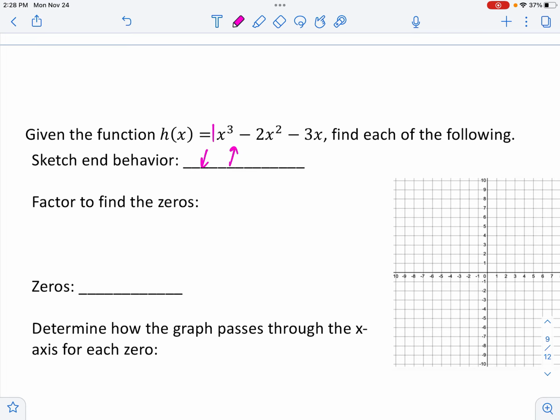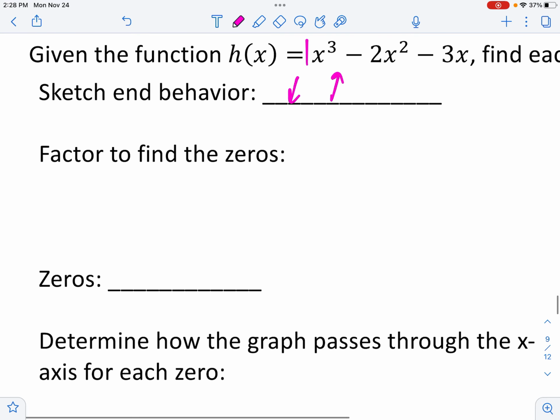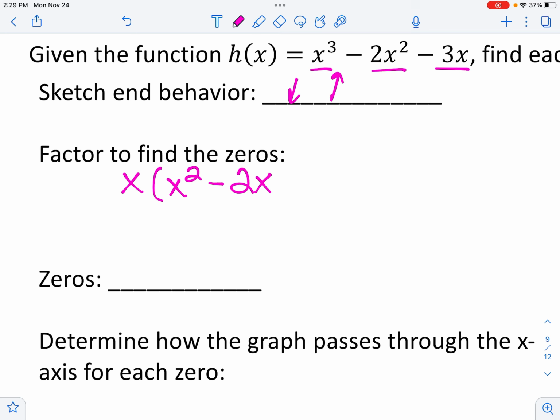Okay, we're gonna factor this. Now, if you'll notice, every one of these terms has an x in it, and they don't have a number in common other than 1. So I'm gonna factor out an x, and then that's gonna leave me with x squared minus 2x minus 3. Okay, so now I need to factor this.